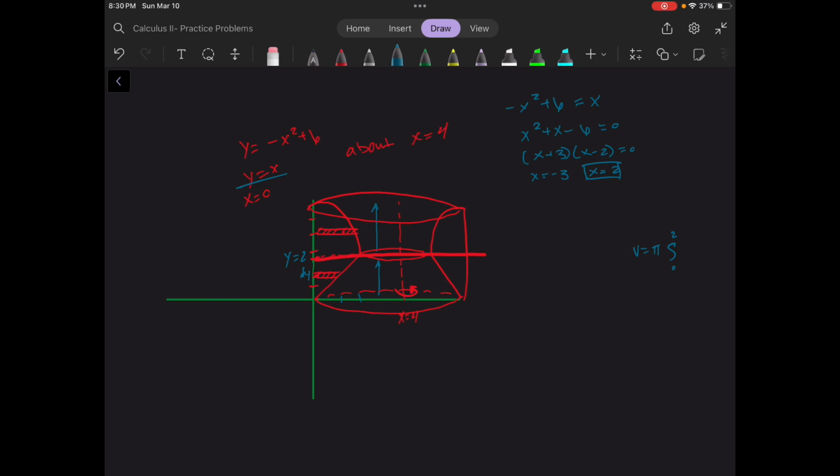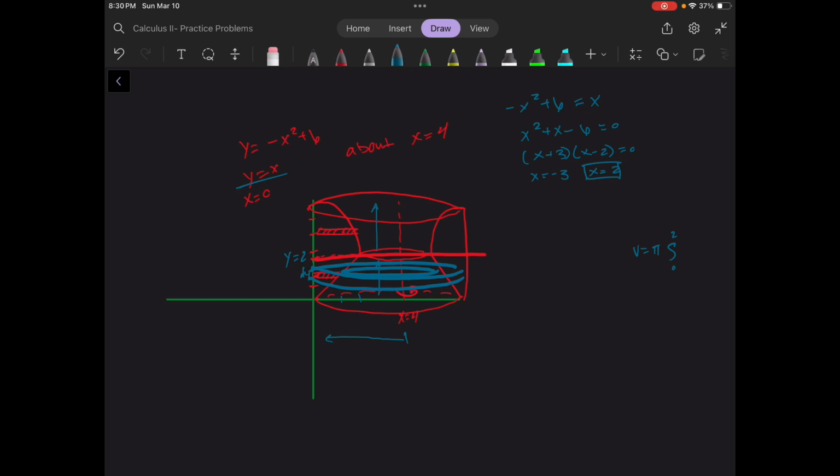So let's see, what is the little r and what is the big R? If we were to draw some washer right here, this part is missing, it's hollow right there. So what is that radius? Well, it looks like it's starting here at 4 and ending at the function.